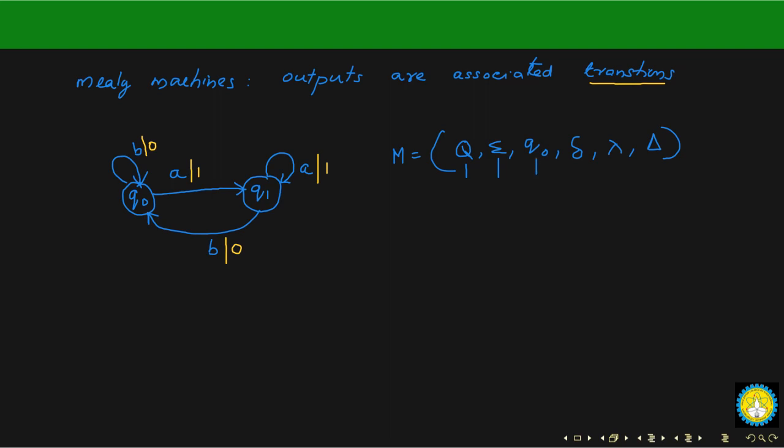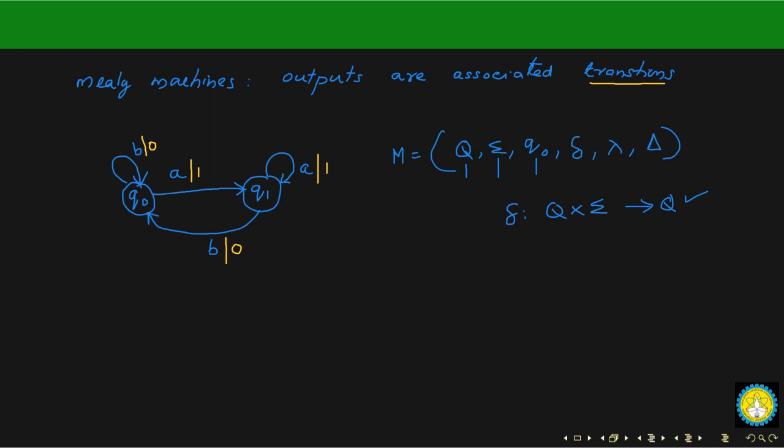And delta is a function defined in the same way as that of a DFA. So it's a function defined from the cross product of Q and sigma to Q itself. This is the same definition that we have already seen in the Moore machine. So this you have to remember.